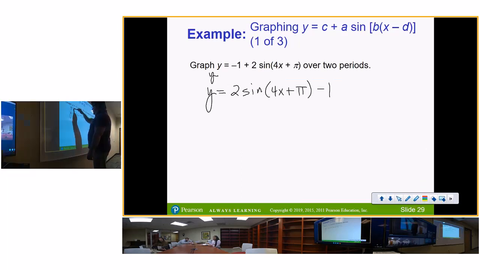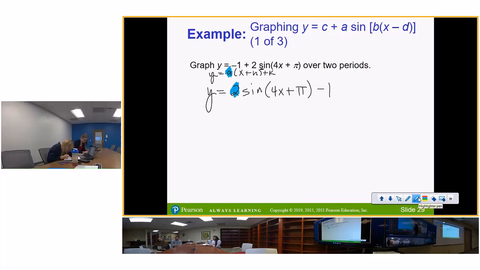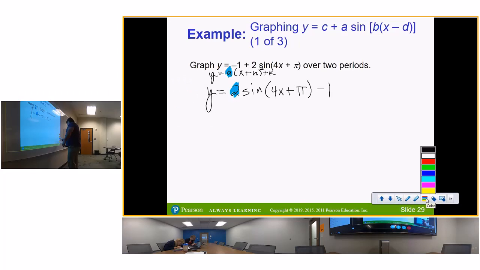Y equals a times x plus h plus k. Of course, that could be anything. It could be a square or a cube, I'm not worried about the exponent. Trying to make a little bit of association here for those that are still kind of groggy on this.